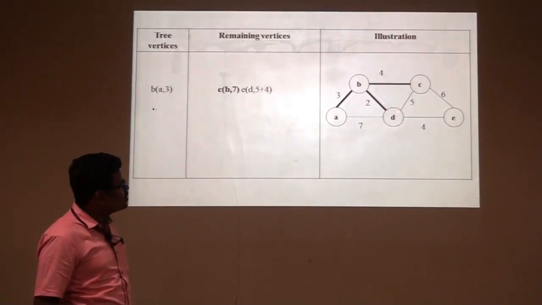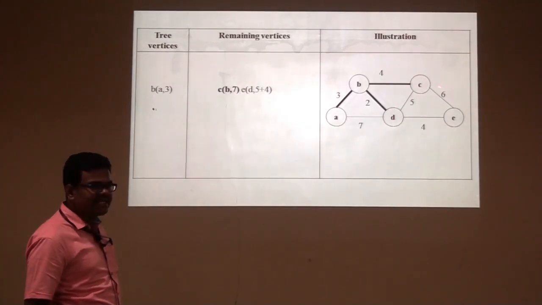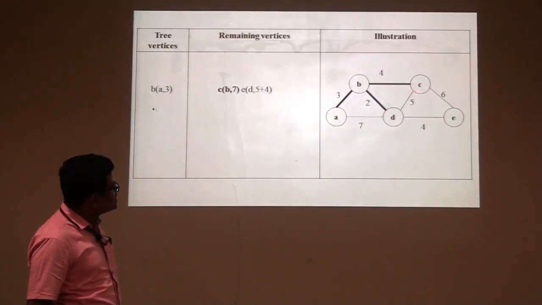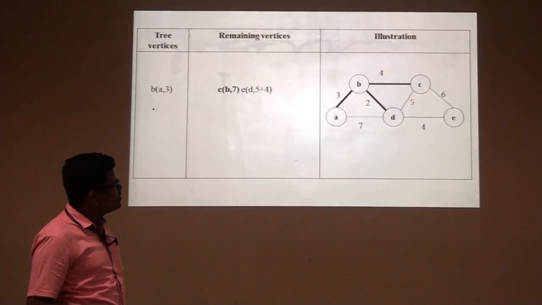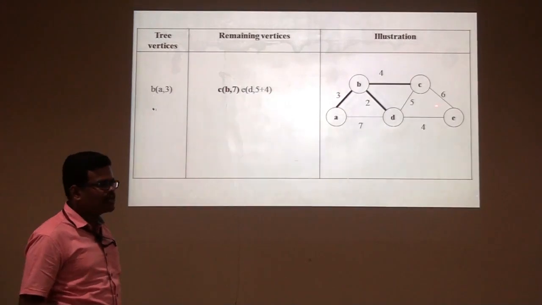When we visit the C node by the D node, A to B is 3 and B to D is 2, plus 5, so 3 plus 2 plus 5 gives 10.